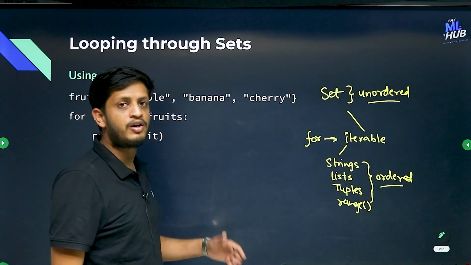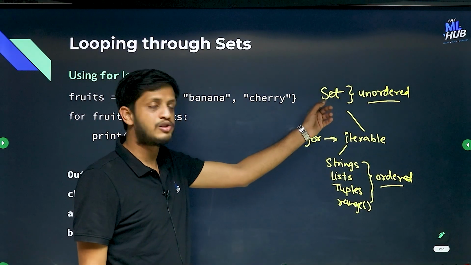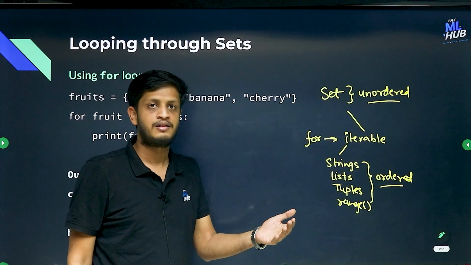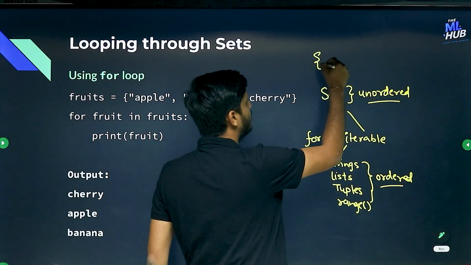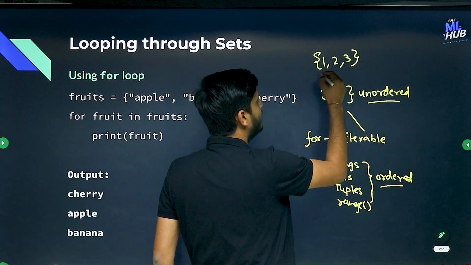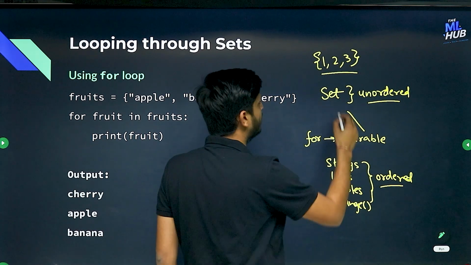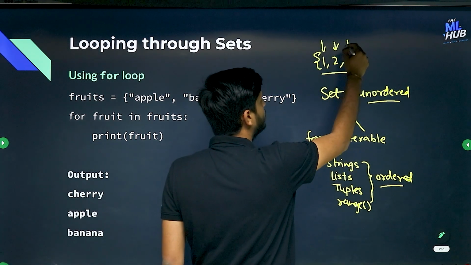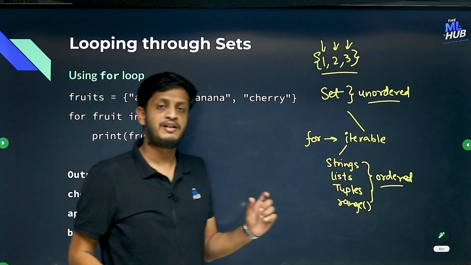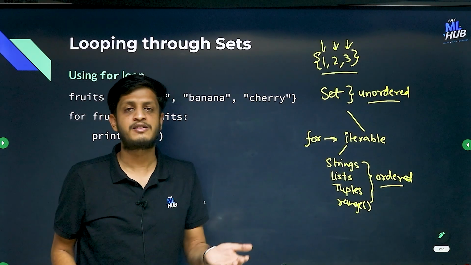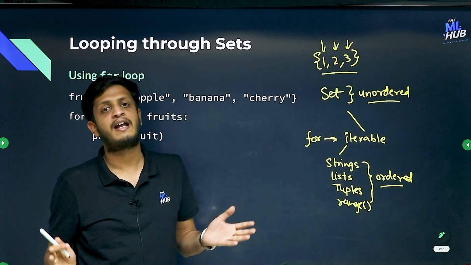And set is an unordered iterable, which means it will also give its elements one by one. So let's say a set contains elements 1, 2 and 3. When I iterate over all the elements of this set, I can iterate like 1, then 2, then 3. Right? So as an iterable, it will give all its elements one by one, but the order is not guaranteed.